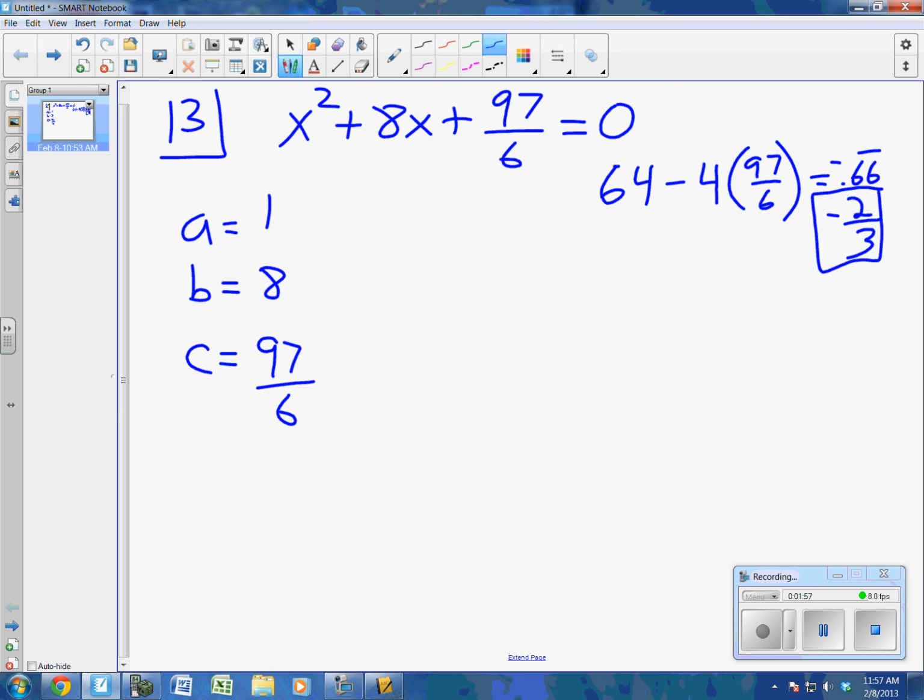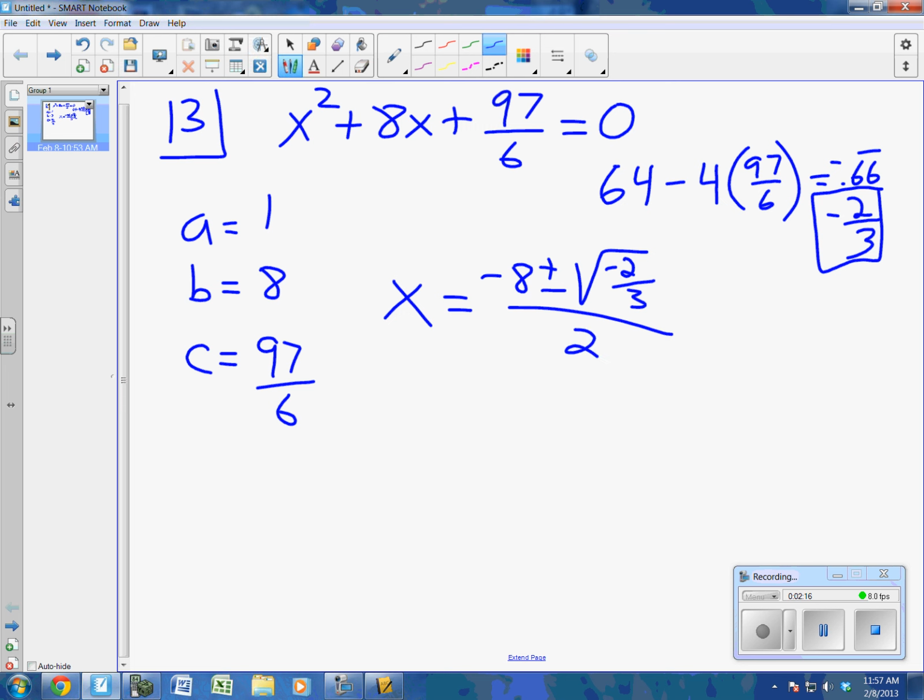Okay, so now we put it inside the quadratic formula. So negative b would be what? Negative 8 plus or minus the square root of negative 2/3, which is our discriminant, all over 2 times a, which is 2.